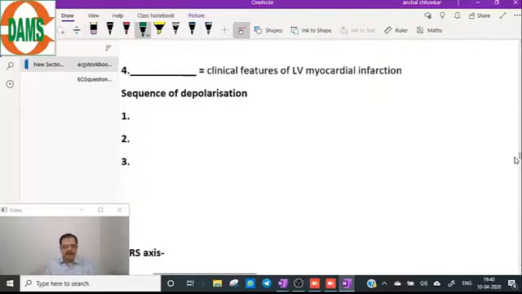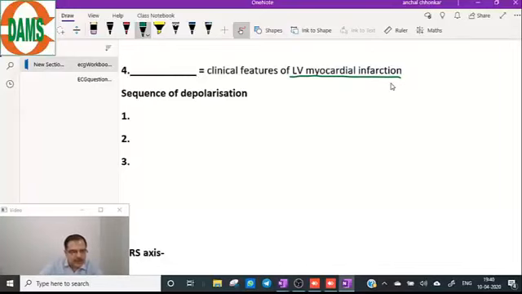This question came two years back in your All India exams. So for the fourth abnormality of QRS, clinical features of left ventricle MI are given. So there is a clinical feature of left ventricle myocardial infarction, LVMI.